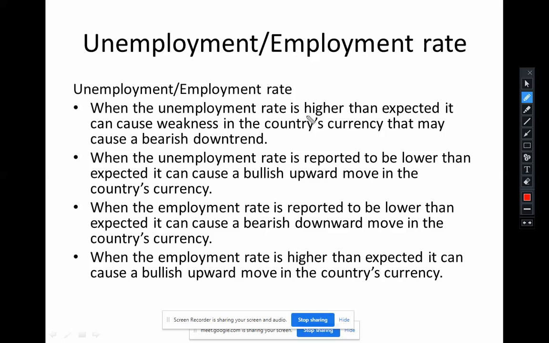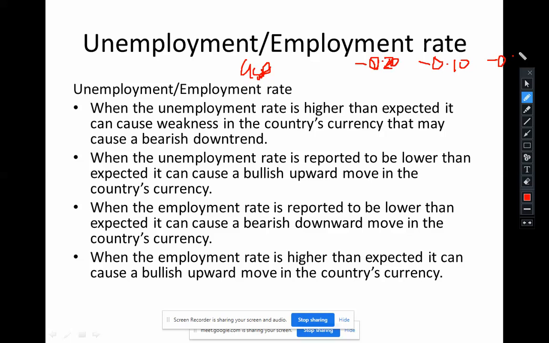That's why most of the time when you open Forex Factory, you will be seeing negative, that is minus, let's say like USD, the unemployment rate is minus 0.20, and the forecast is minus 0.10, and the previous is minus 0.